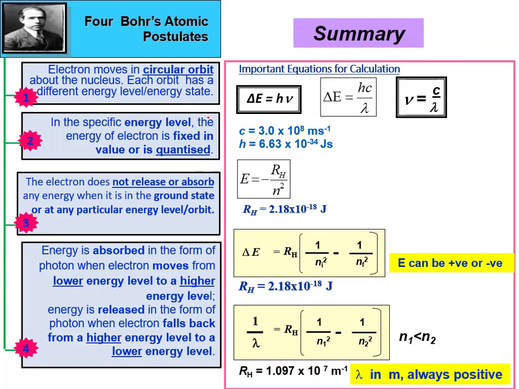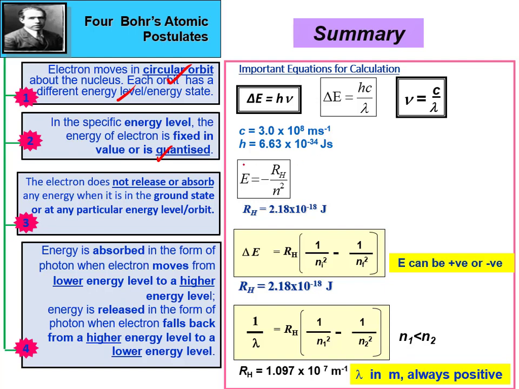You have learned the 4 Bohr's atomic postulates, which are number 1, the electron moves in a circular orbit about the nucleus, where each orbit has a different energy level or energy state. In a specific energy level, can we calculate the energy of the electron? Yes.